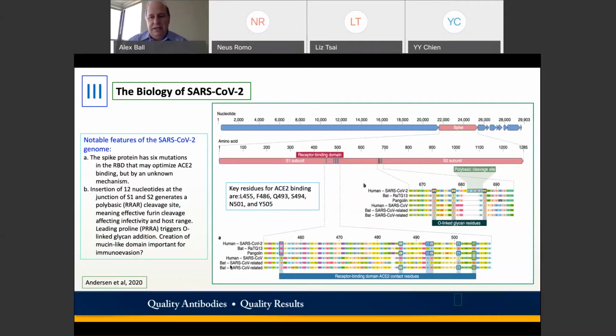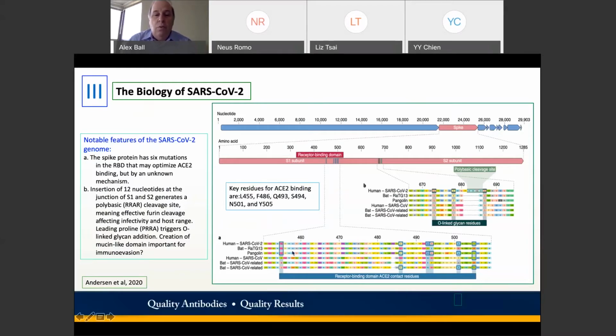And what you'll see is, again, coming back to the sequence analysis in the receptor binding domain, when looking at SARS-CoV-2, that bat coronavirus, and that pangolin coronavirus, what we see is this high similarity, almost complete identity between the pangolin and the SARS-CoV-2 genome, including the complete conservation of these 6 amino acids indicated here that are key for ACE2 binding.